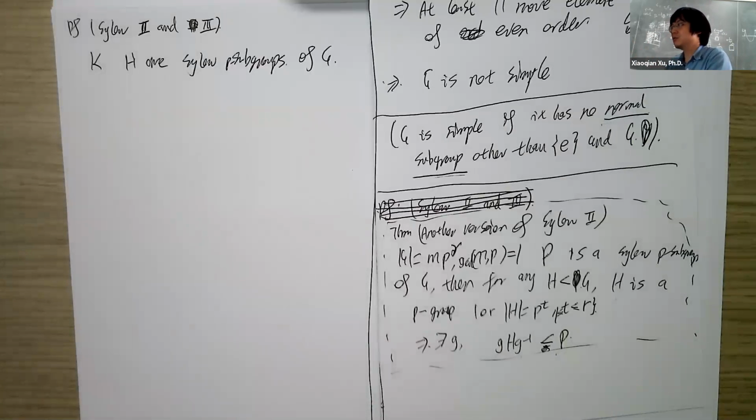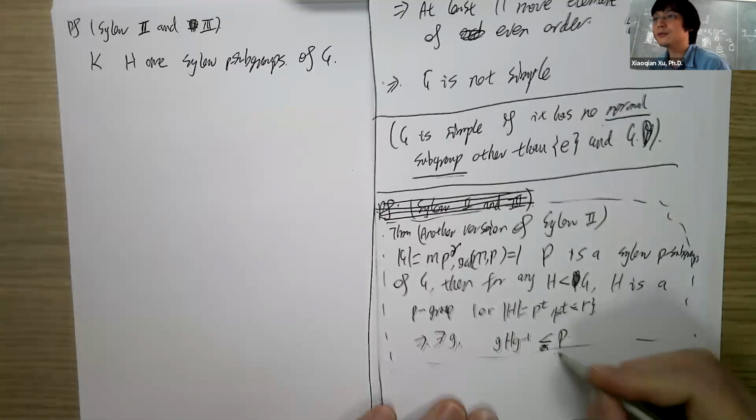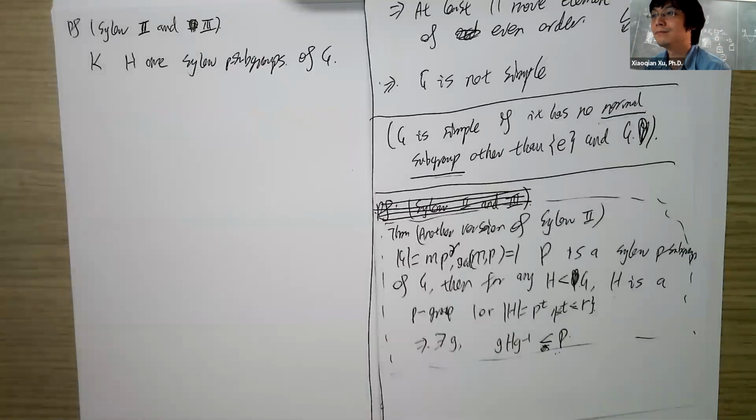It will conjugate to, it can embed into some Sylow subgroup. Don't worry if you are not able to write it down, I will scan everything and upload it so that you can still get it.